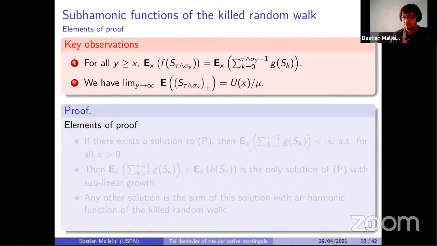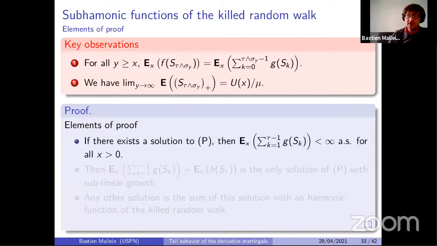Okay, so now, if we assume that there exists a solution to the Poisson equation problem, then we know that we have this equality that holds, right? But we also know that f of x grows at most linearly. So when I let y go to infinity, this quantity on the left-hand side should converge to something like u of x, or at least will be dominated by some constant times u of x.